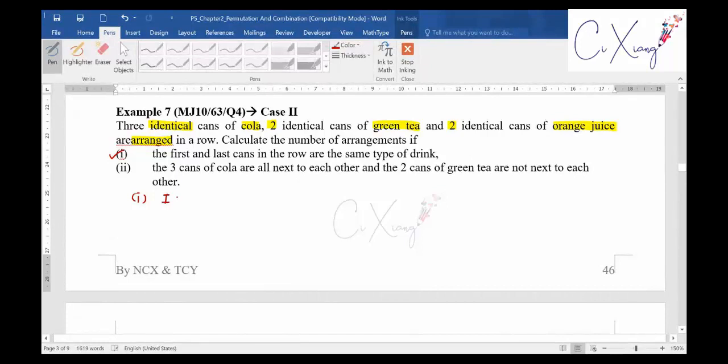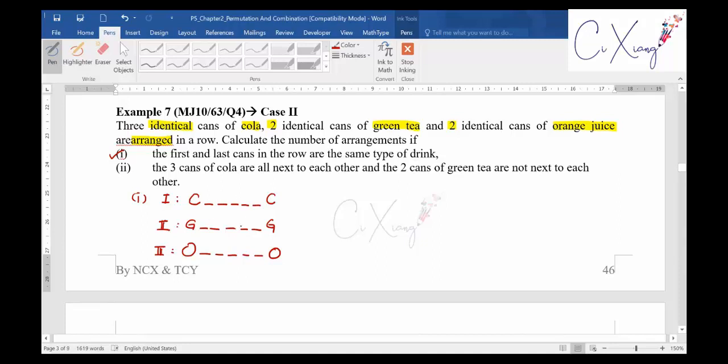So for case number 1, you can make sure that first can is cola, then the last can is cola. Okay, then the second case is what? The second case is you can make it like first can is green tea, the last can is also green tea. Okay, and then for the third case, first can is orange juice, the last can is also orange juice.